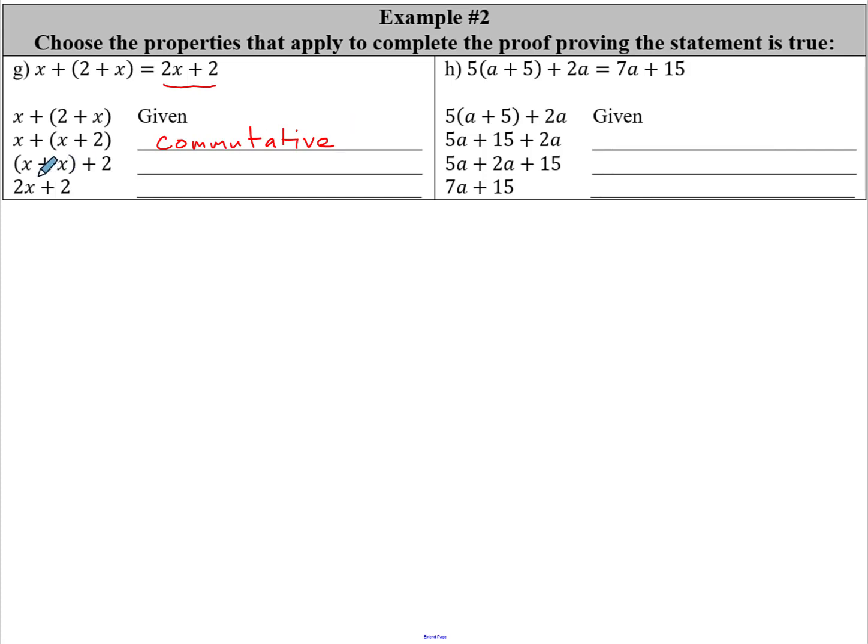All right, and then you see that the grouping has changed, right? This x is now grouped with the other x. So we have an associative property here. And then what did we do with these two x's? We added them together, so we actually combined like terms. I'm just going to abbreviate this CLT for combined like terms.